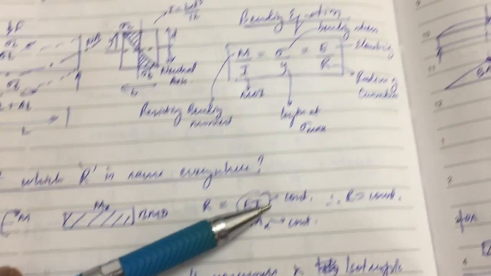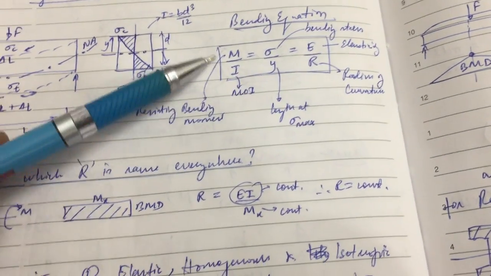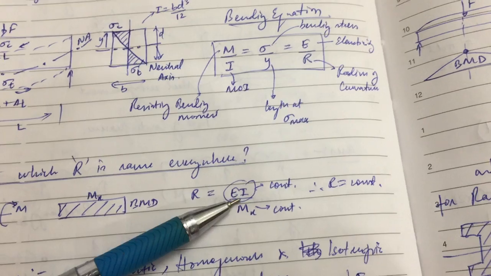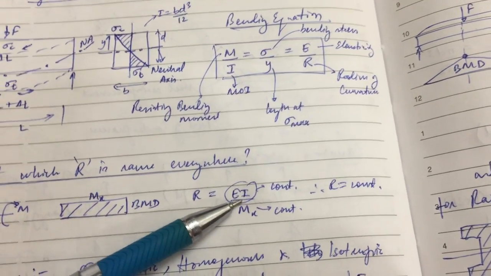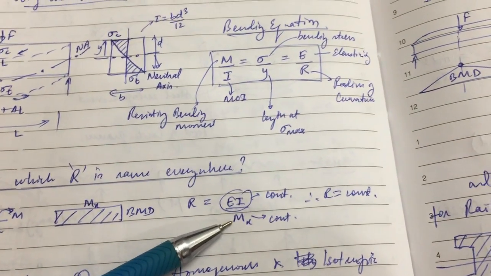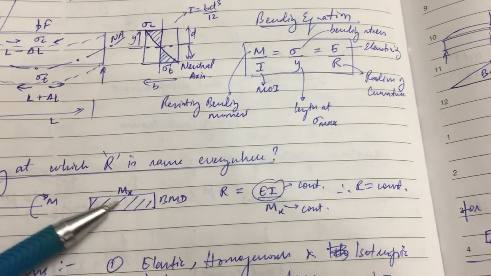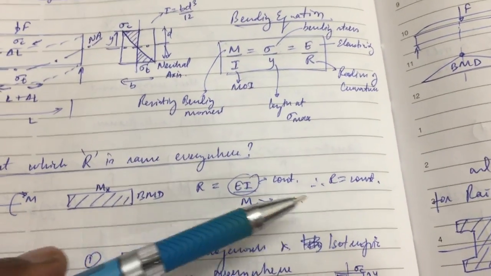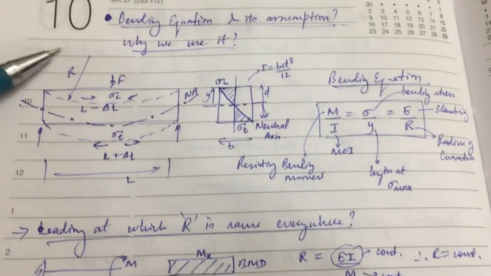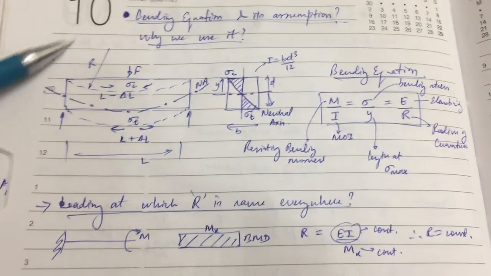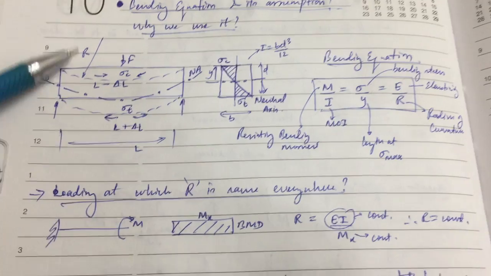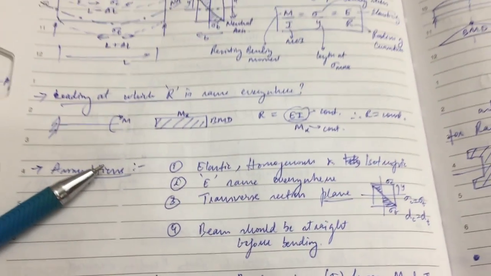From this relation we can find that R is equal to EI by M. EI is basically constant for the given material and M is constant because it is the same all over the beam. So in this case R is constant, and the radius of curvature will be the same for the whole body.